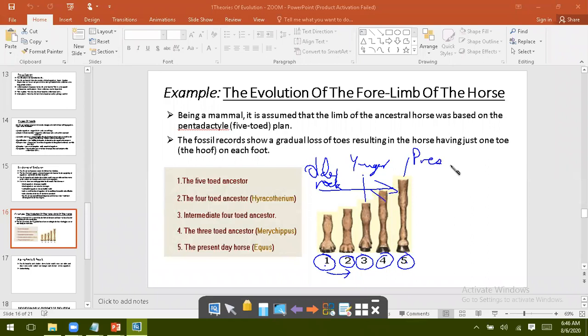So that's how they would find out that there was structural change in the toe, or the foot, of the horse over time. And if that was so, and these were the older structures, this is the present structure, then evolution has taken place.